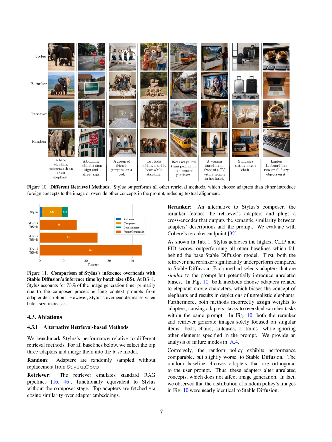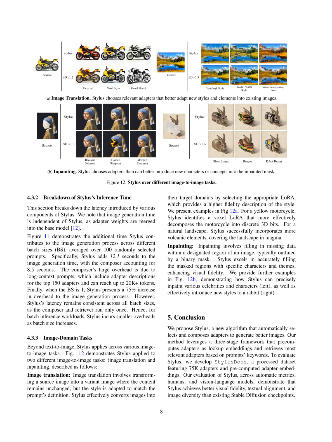Stylus is also compared to different retrieval methods, including random, retriever, and re-ranker. Additionally, the breakdown of Stylus's inference time is provided to understand the latency introduced by various components of Stylus during the image generation process. Finally, Stylus's applicability across different image-to-image tasks like image translation and inpainting is demonstrated with examples.